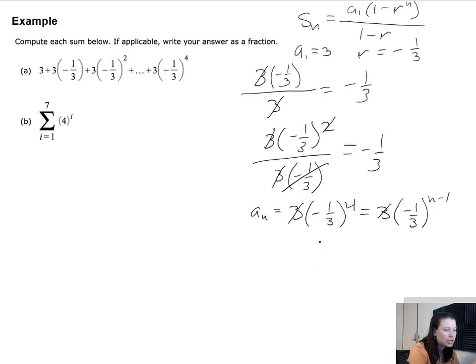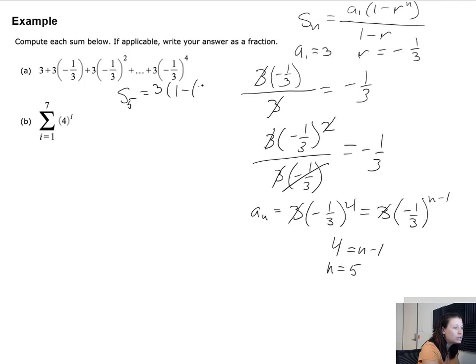Then we have negative 1/3 to the 4th is equal to negative 1/3 to the n minus 1. So 4 is equal to n minus 1. So then n is 5. Okay, so then we can set this up. S5 is equal to a1, which is 3, times 1 minus r, which is negative 1/3, to the 5th, over 1 minus negative 1/3. So that's then a plus.